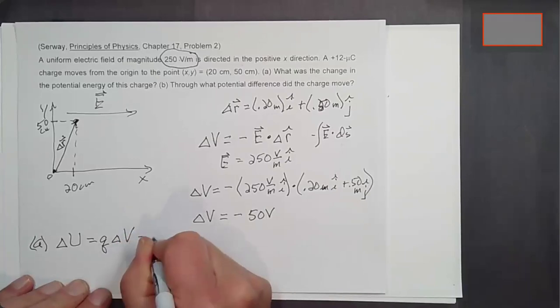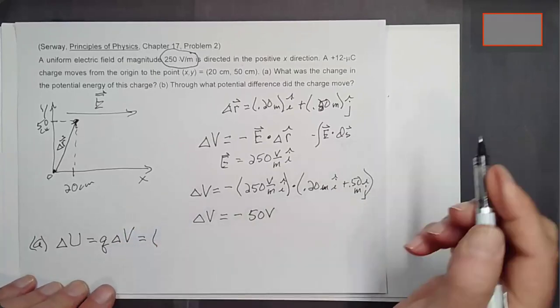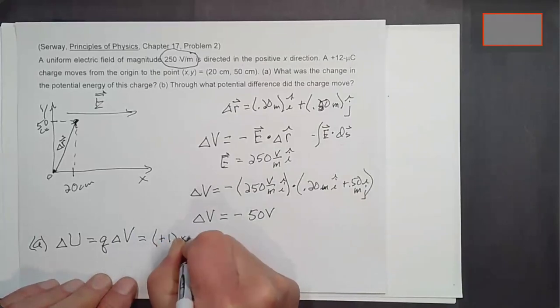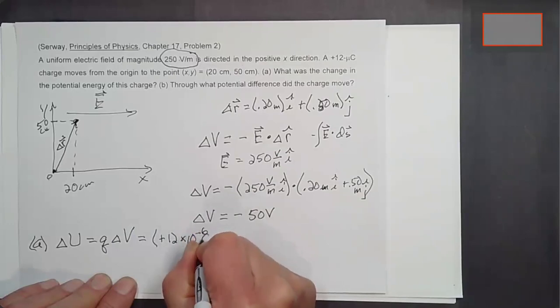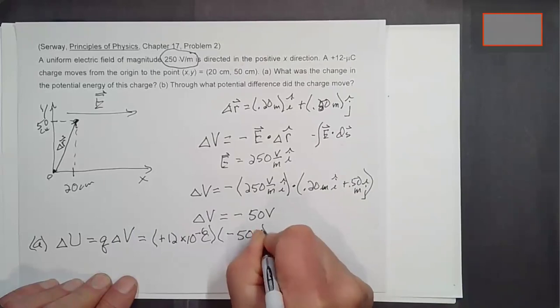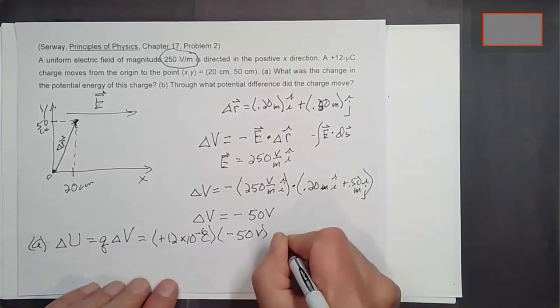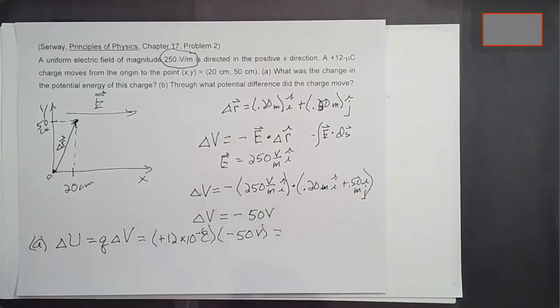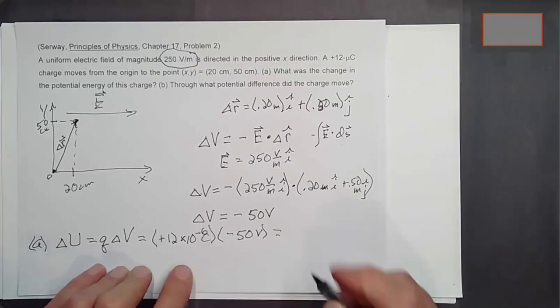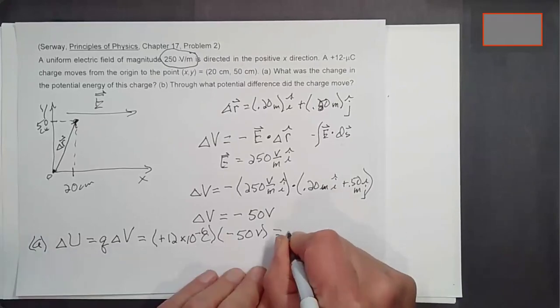So in this case, I've got plus 12 times 10 to the minus 6 coulombs times negative 50 volts, but a volt is a joule per coulomb, and 50 times 12 is about 600 times 10 to the minus 6. Anyway, I think it's 6 times 10 to the minus 4th joules, but it's negative.